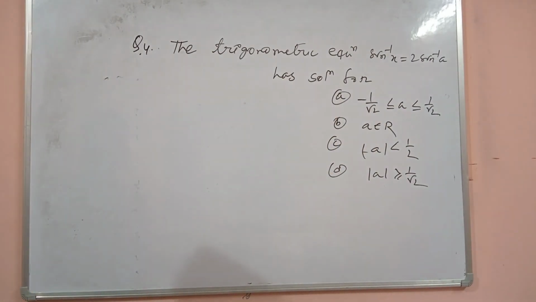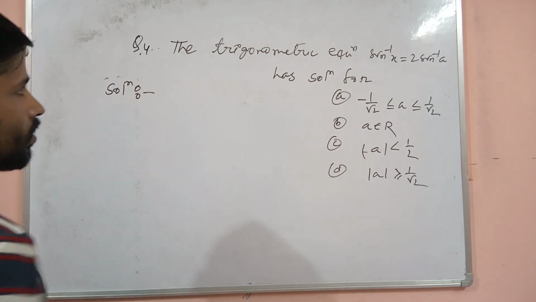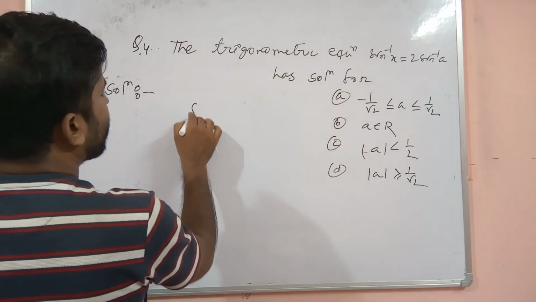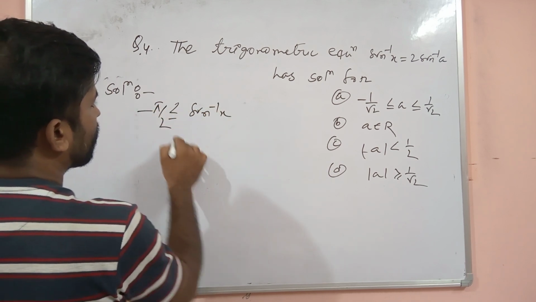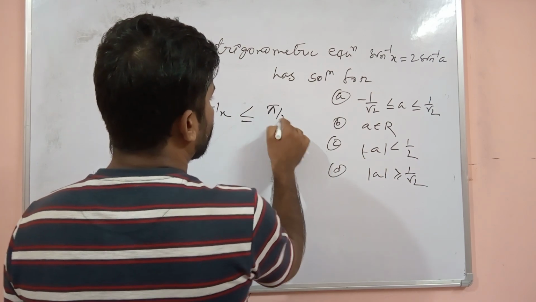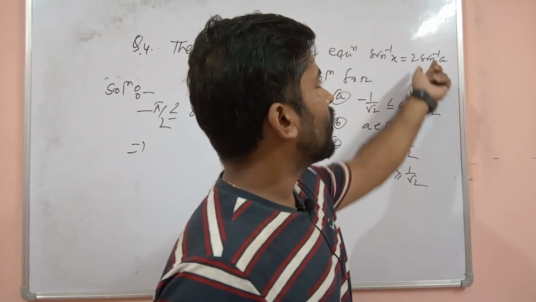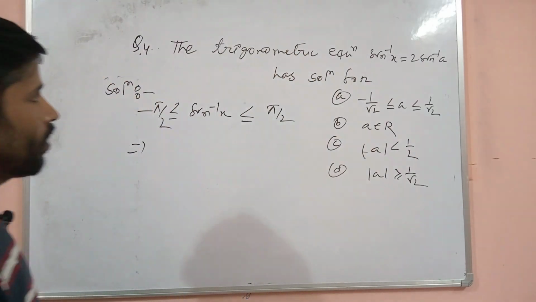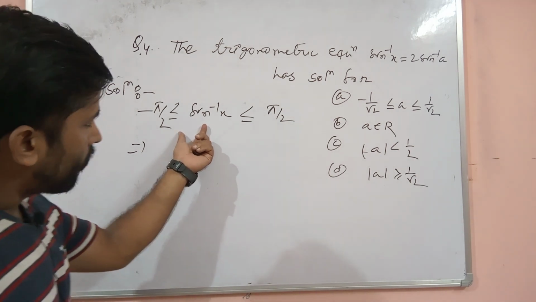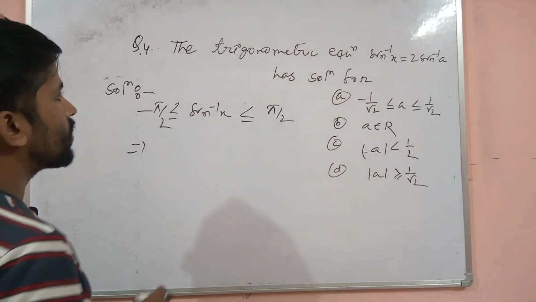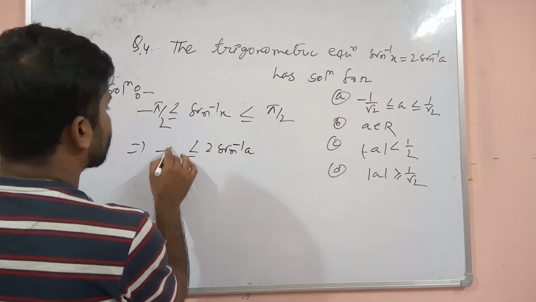Okay, so let's think how to do. As we know, sine inverse x is within the range. So as sine inverse x is equal to 2 sine inverse n, we must replace sine inverse x by 2 sine inverse n.